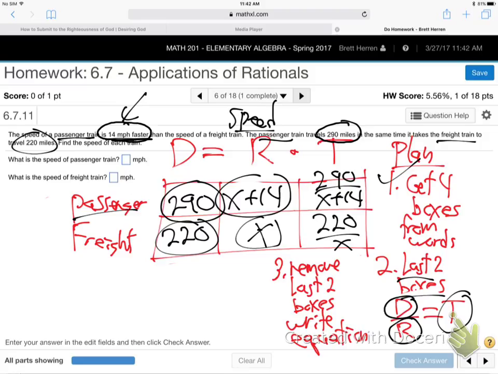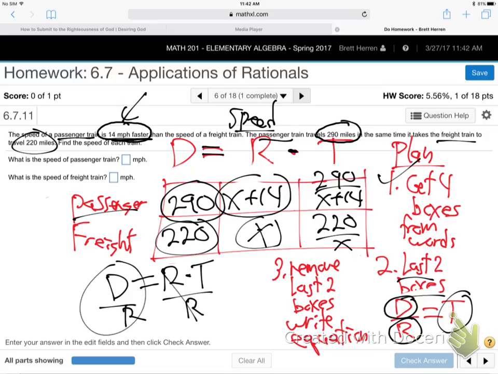Why is that right to do? All I did, guys, is really simple, actually. I just took D equals R times T. That's the equation here, equals and times. And I said, look, I'm trying to find T. The T was the blank box. How do you solve this little equation for T? You divide by R. So that's where I came up with T is just D over R. I'm not saying you need to do that.